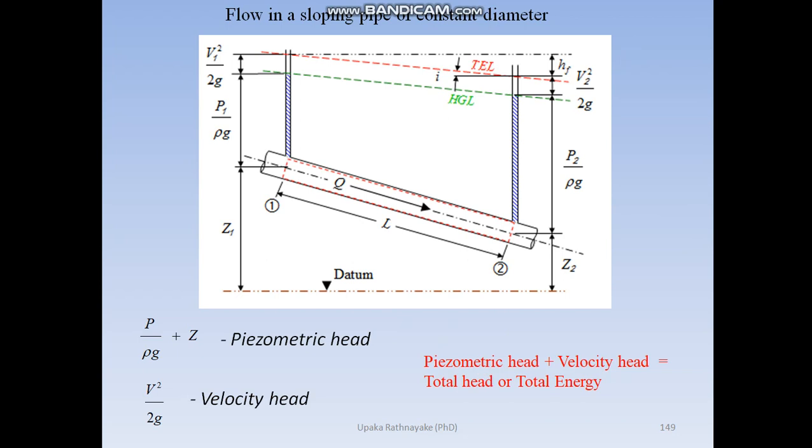We call this P1 over rho g the pressure head. Look at the units, they are in meters. V1 squared over 2g is the velocity head. Z1 is the elevation head.